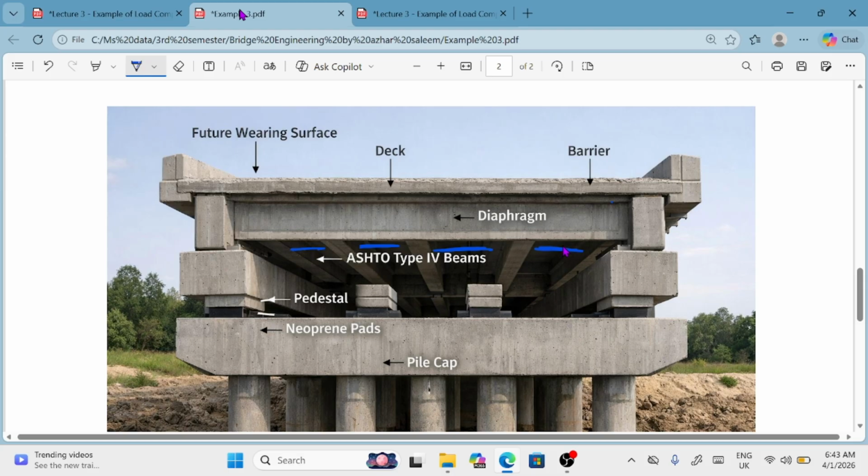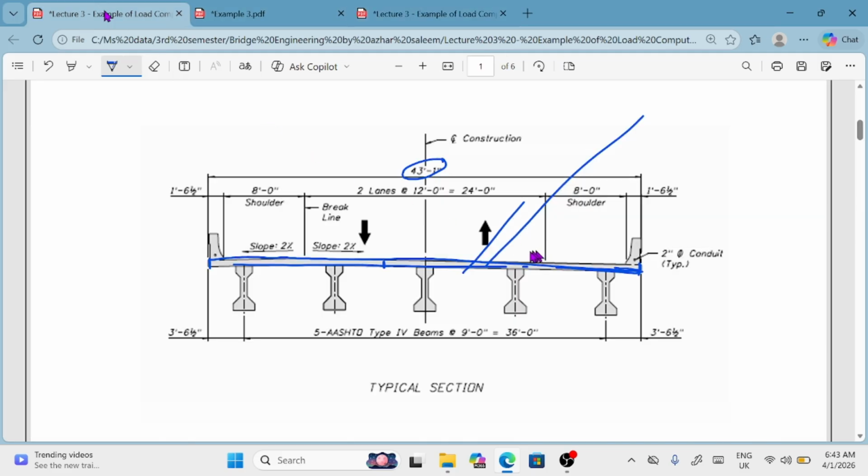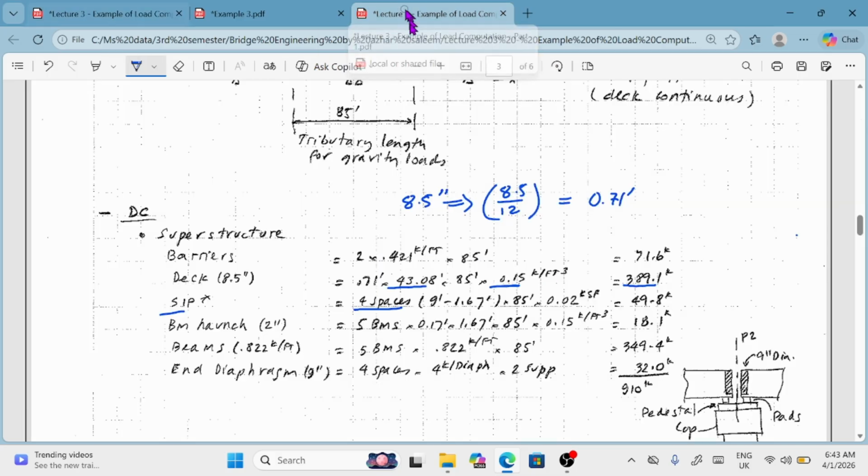We will calculate its load. If you see here, there will be stay in place formwork, and here will be 1, 2, 3, 4 stay in place formwork. So 4 pieces.